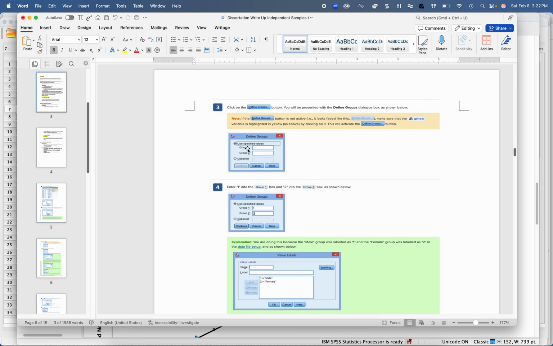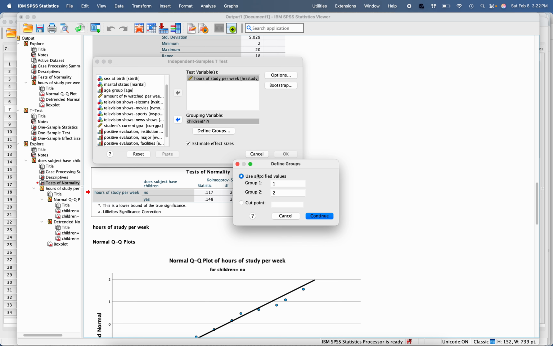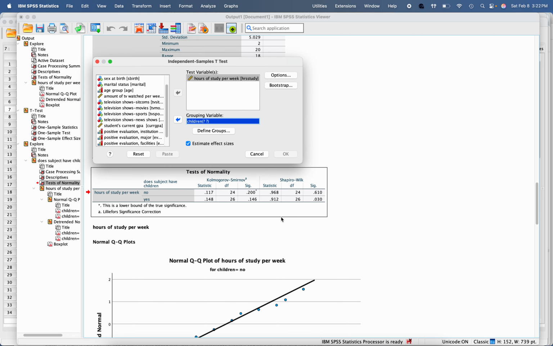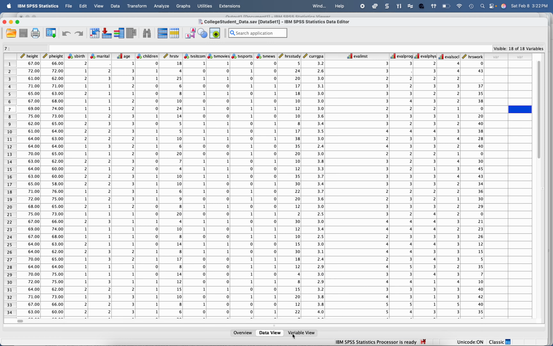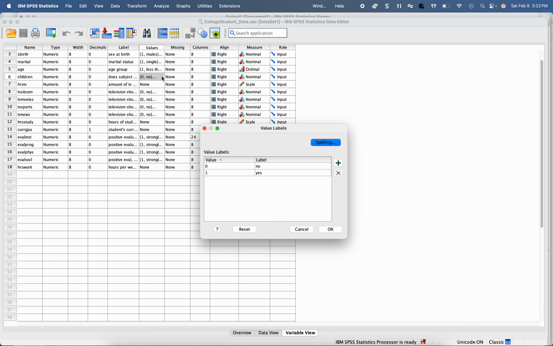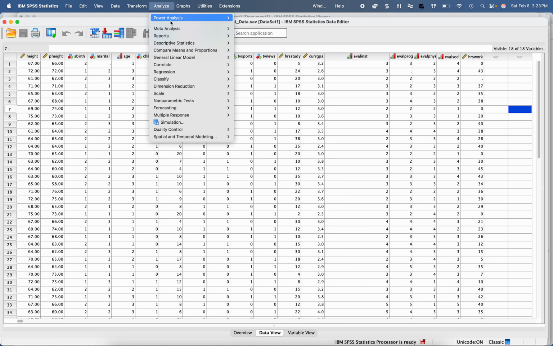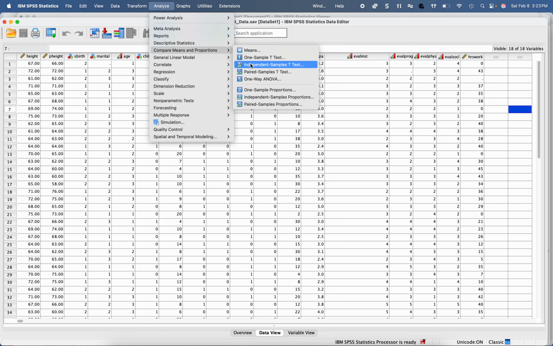Next, I need to define my groups. A lot of times students will actually get stuck here and they won't be able to advance. So in here, I'm just looking for what were the numbers that we used. If you're not sure about the numbers that you used, go over to variable view and go into children. I used the value of 0 and a value of 1, and you'll notice that that's very different from what SPSS defaulted to just now.